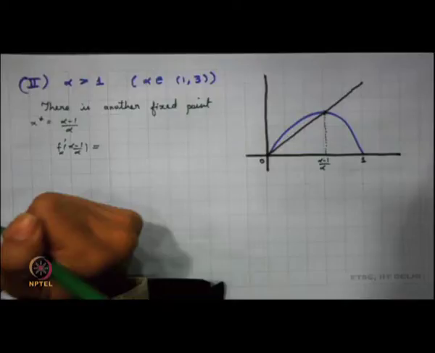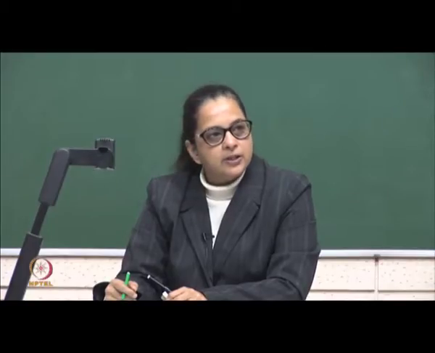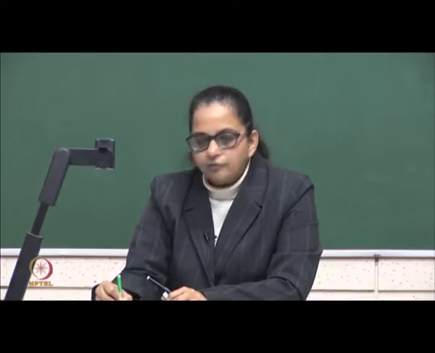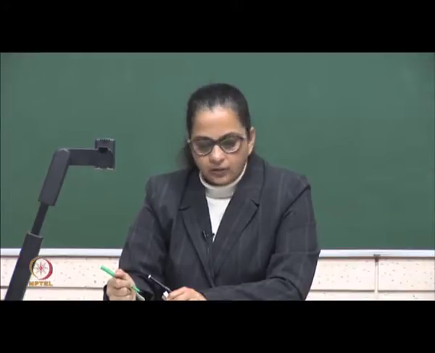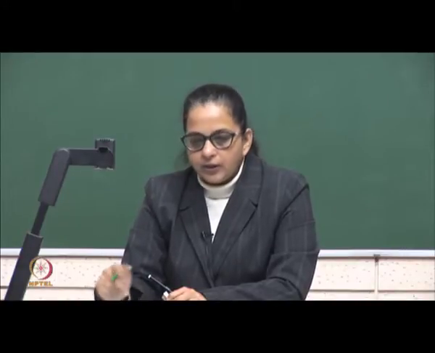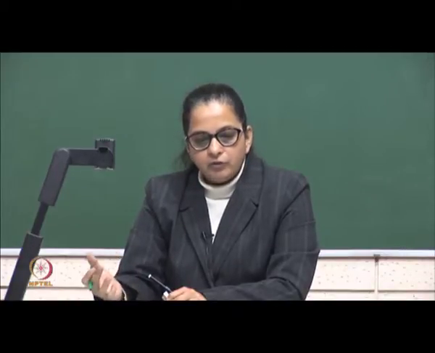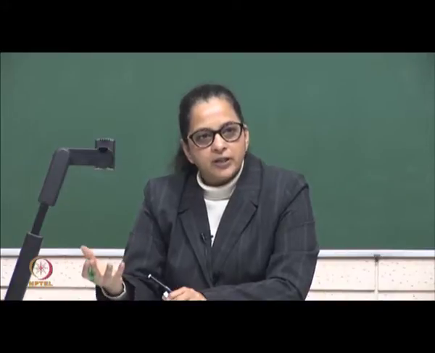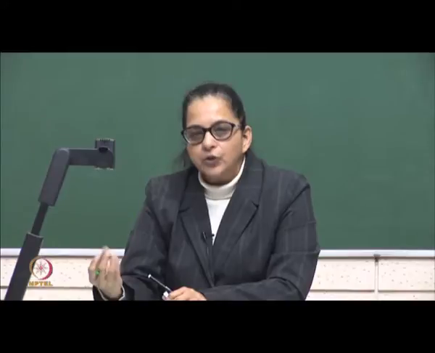We have f alpha prime of x is alpha times 1 minus x minus alpha x. So, the value here turns out to be equal to 2 minus alpha. And what is the value of f alpha prime of x at 0? At 0 the value is certainly greater than 1. So, the fixed point 0 now becomes a source.